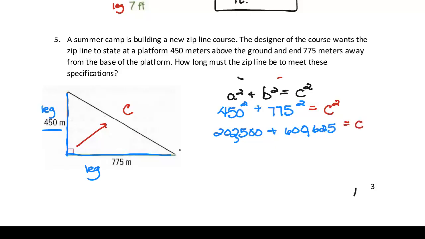Okay, that's equal to C squared. Now we add these two together. Yeek. 25 at the end. There's 11, 308. Is that right? Check my math.